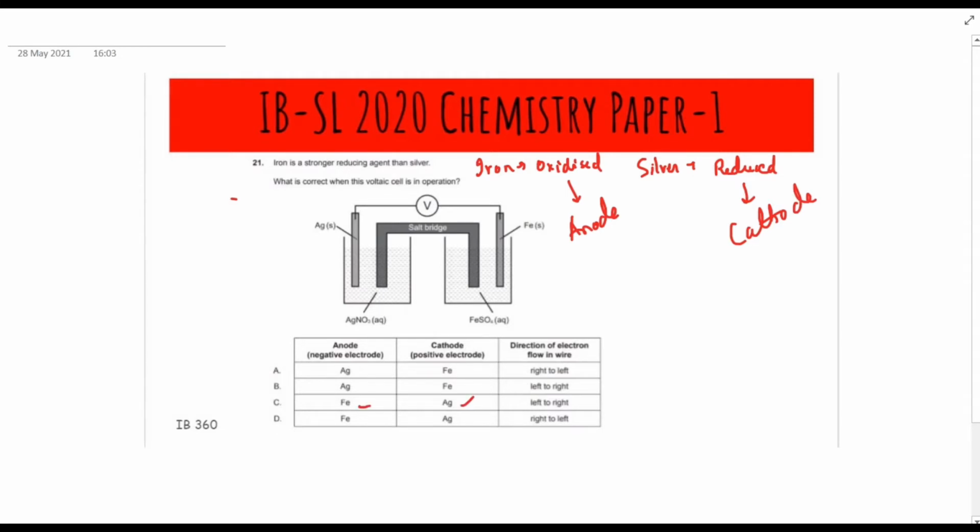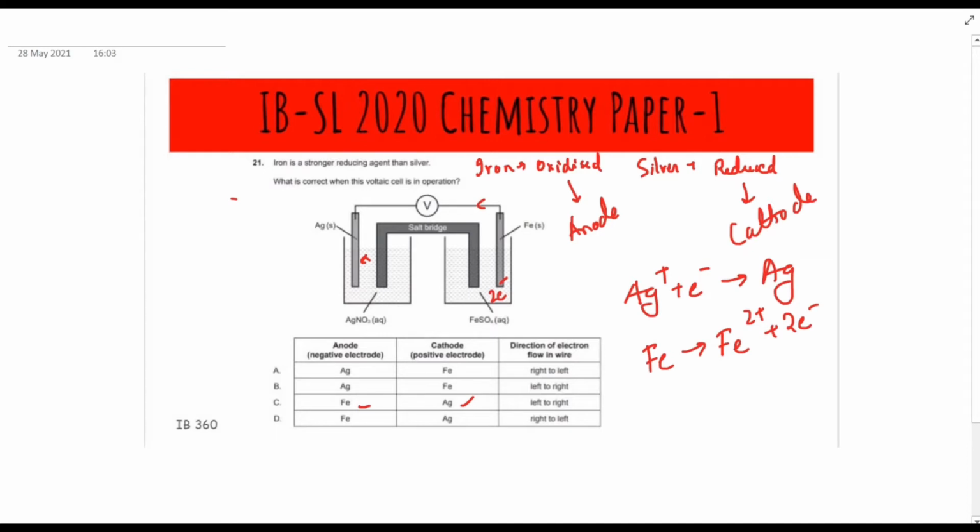Now we need to find out the direction of electron flow in the wire. Silver is getting reduced, so Ag+ plus an electron produces Ag. This is the reduction reaction, and iron is getting oxidized, that means Fe becomes Fe2+ and gives out 2 electrons. So electrons are produced here and used up there.